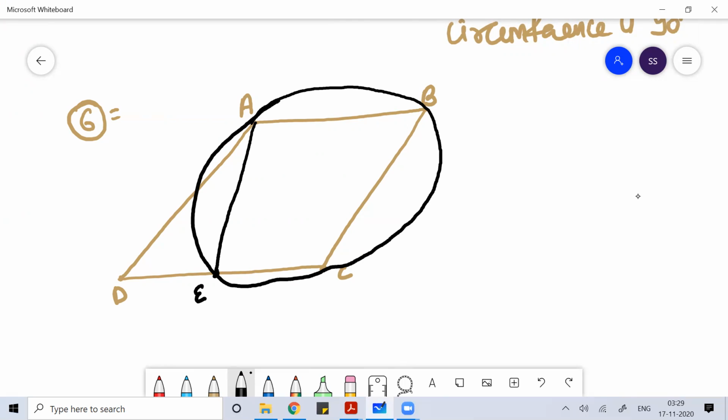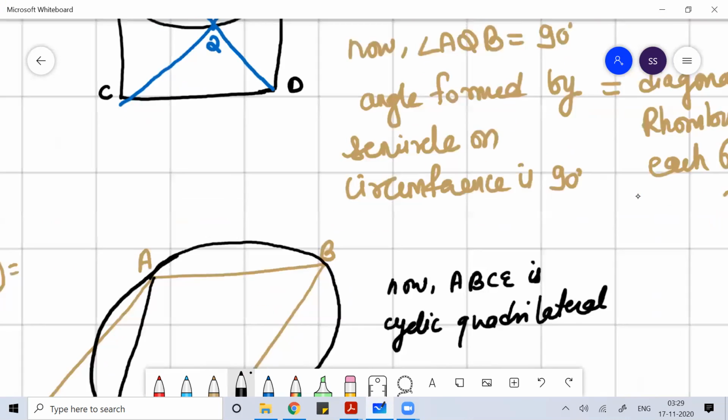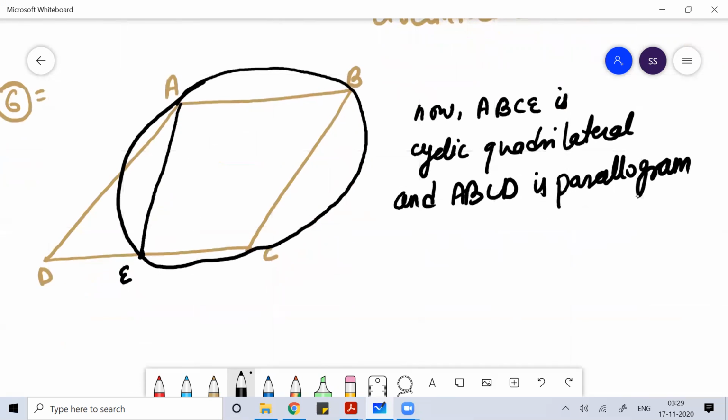Now we know that AECB is a cyclic quadrilateral, and ABCD is a parallelogram.